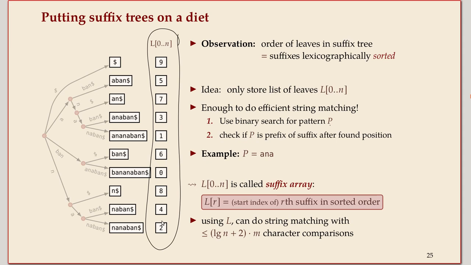In particular, if we search for Anna, our favorite example, what would binary search do? It would probably start in the middle, and compare the key we're searching to the key at that position. Anna is lexicographically before this, because Anna is shorter than this, but it appears by coincidence at the first position, as a prefix of the suffix there.